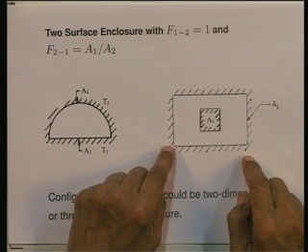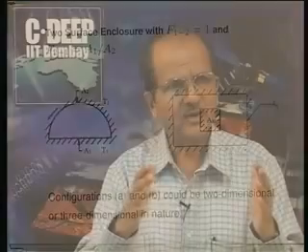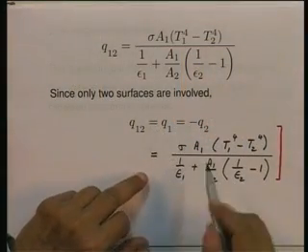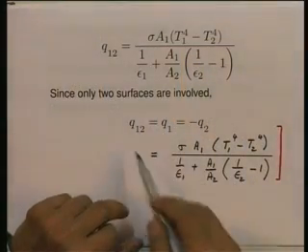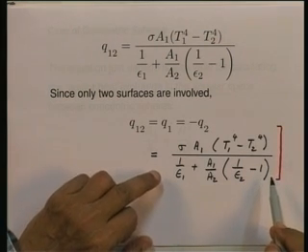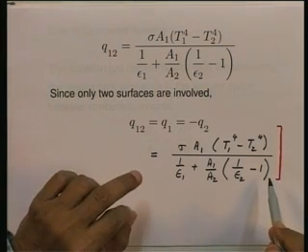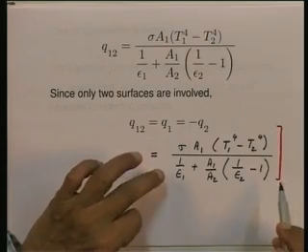So, for a variety of situations, although we derived this expression for the annular space between two cylindrical tubes, keep in mind that this relation is valid whenever we have a 2 dimensional or a 3 dimensional situation involved in such a manner that F1-2 is 1 and F2-1 is A1 upon A2.